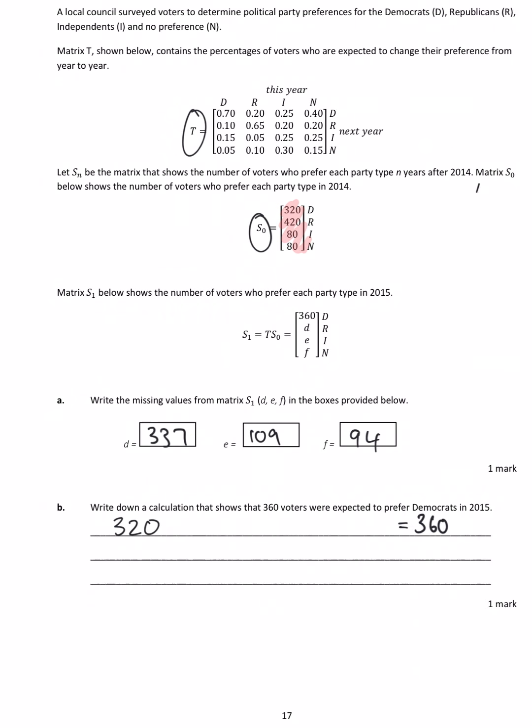Okay, and then if we look at the transition matrix, the percentage who prefer Democrats and will stay in Democrats is this 70%. So what you do is this 320 times 0.7. Okay, and then get them from each party. So the Republicans had 420 people. All right, and the percentage that will go to the Democrats is the 20%.